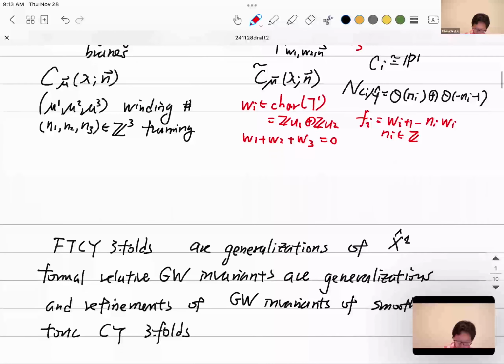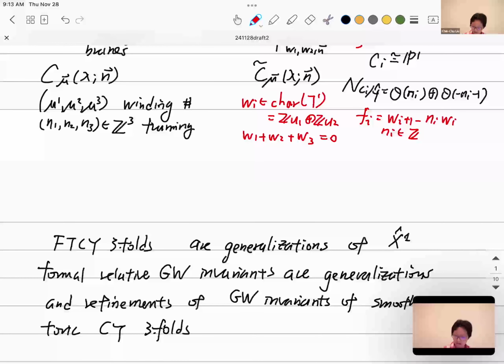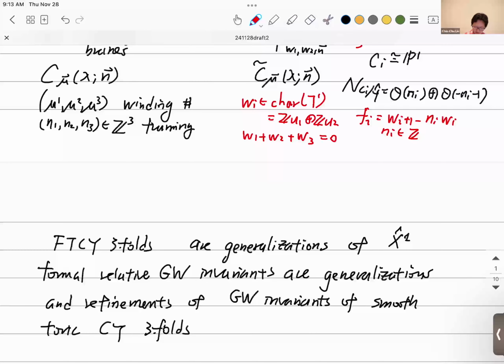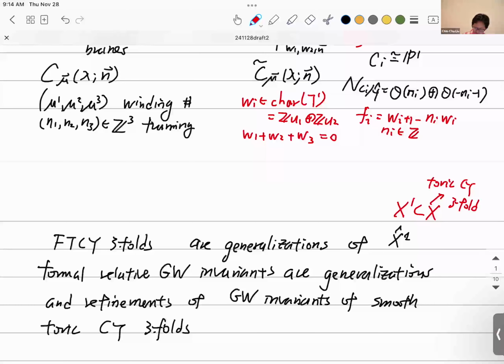I also want to emphasize the following. The formal toric Calabi-Yau threefolds are generalizations of the formal neighborhood of a skeleton: suppose that you have an honest toric Calabi-Yau threefold and take the formal neighborhood of its one-skeleton. It is a formal toric Calabi-Yau threefold, but the notion is more general than that.